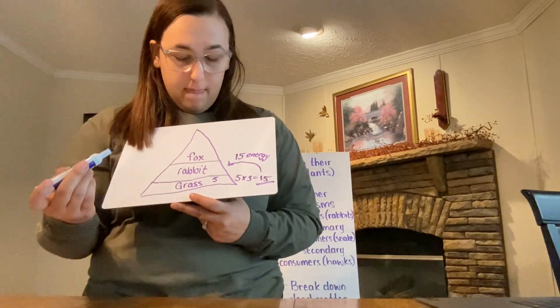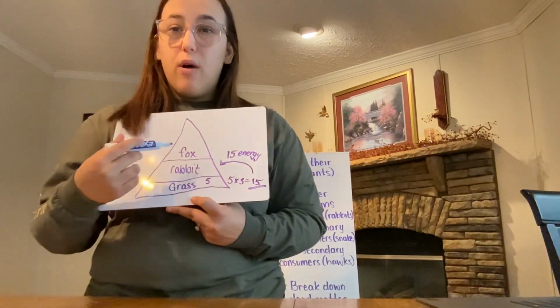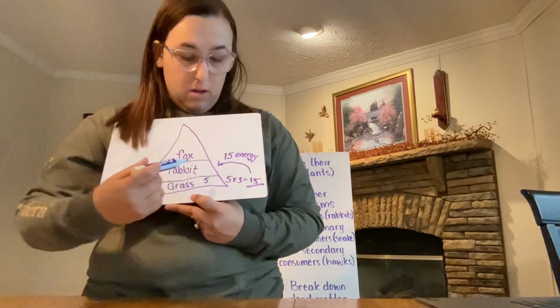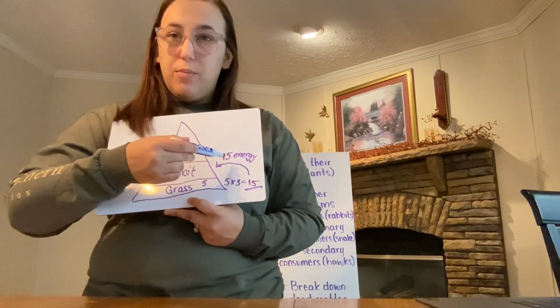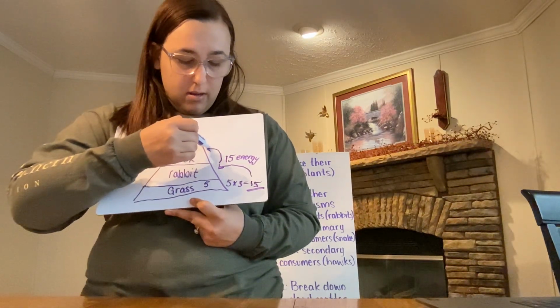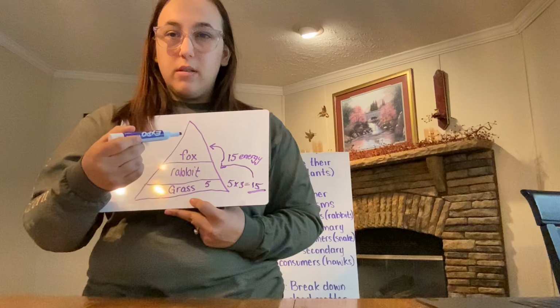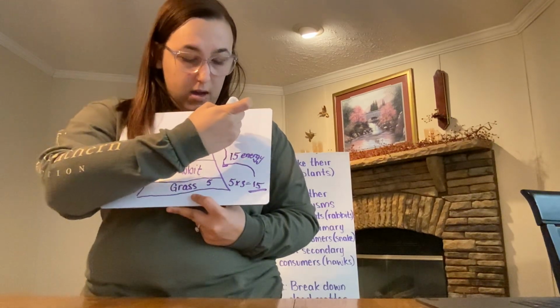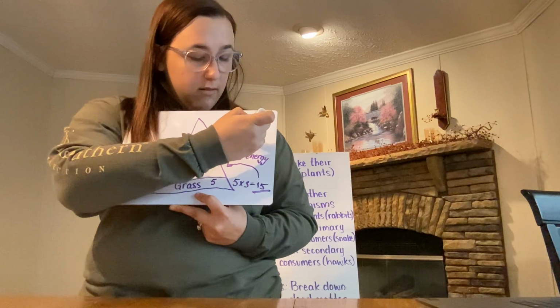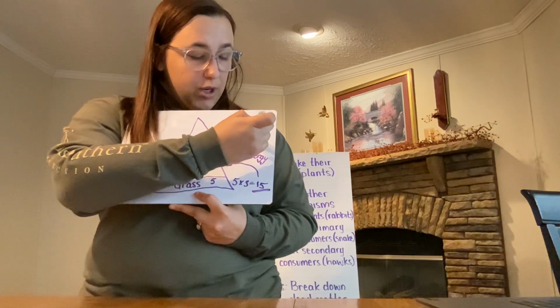And then say our fox comes and eats our rabbit. Those 15 energy points will then transfer up to the fox. So now our fox will receive those 15 energy points.